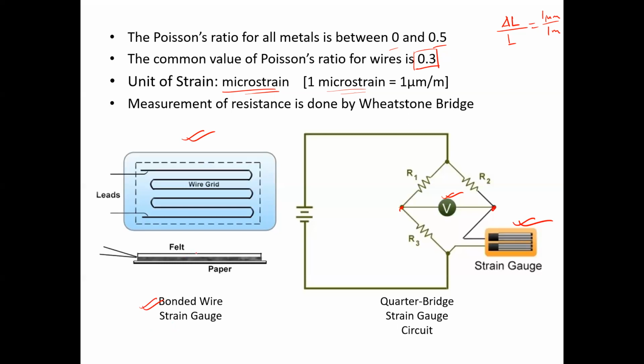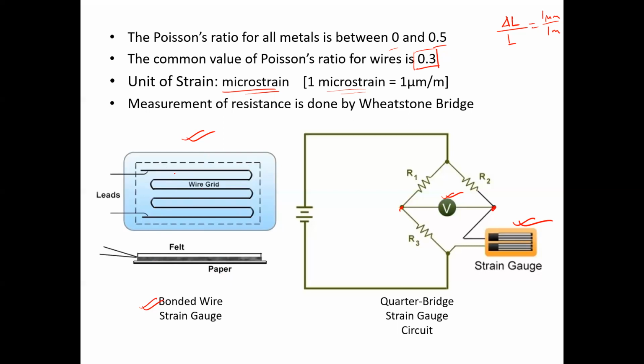The upper layer is called the felt, and the bottom layer is a flexible piece of paper on top of which the conductive material or the metal which is used for constructing a strain gauge is placed. And from the top view we can say that the conductive material is actually placed in a zigzag form.